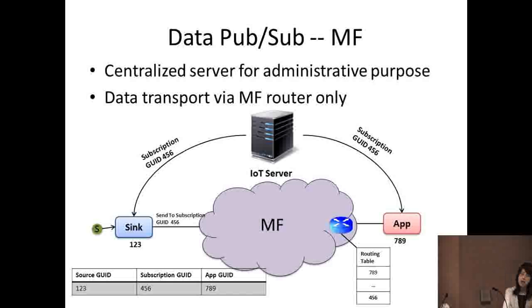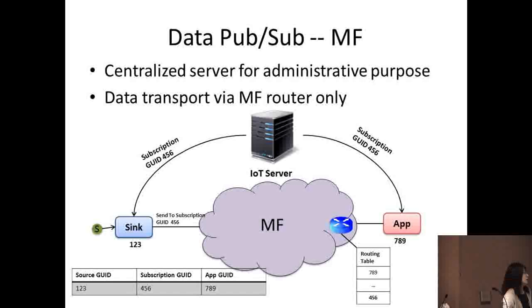After this sensor is inserted into the system, we also create a subscription GUID. That is, the subscription GUID connects all the data sources, the providers for certain data, as well as the subscribers for certain data.